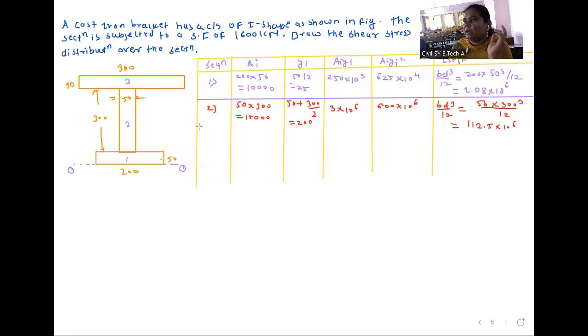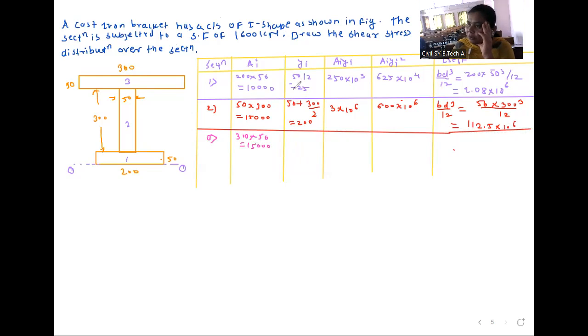We will move towards section 3. So this is our section 3. For section 3, this is width and this is depth. So 300 into 50, area is 15,000.